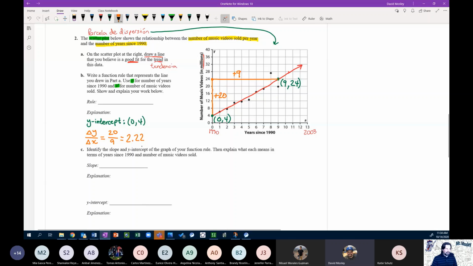The 22 is a repeating decimal. It's just 2.22222222 forever.